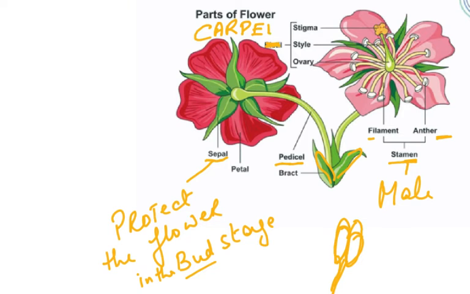The carpel is made up of the stigma, which is the upper, sticky part which receives the pollen, the style, which is the stem, and the ovary, which is going to finally become the fruit, and which contains the ovules, which are going to finally become the seeds.